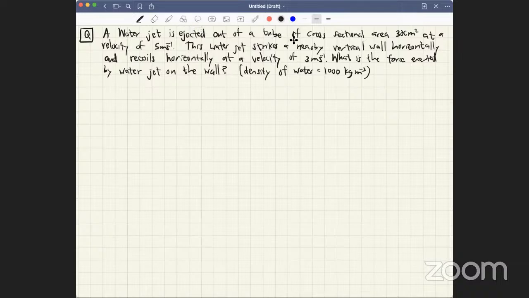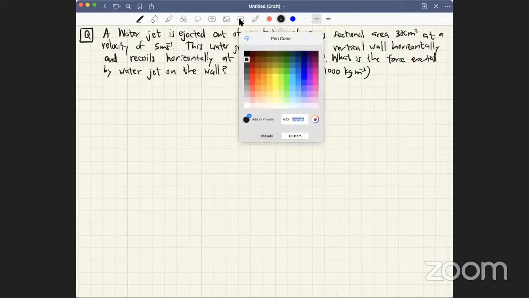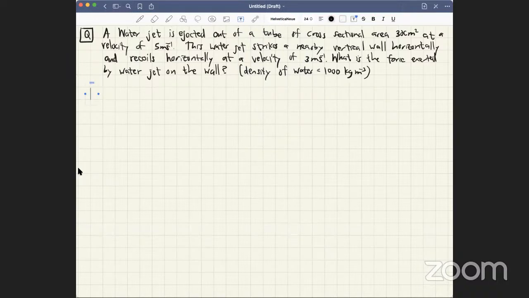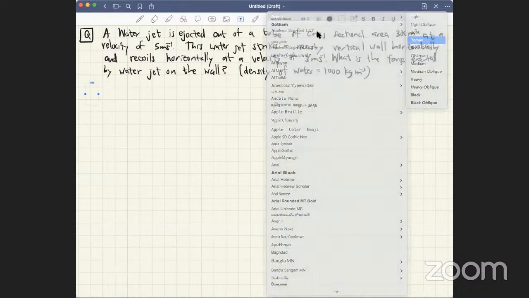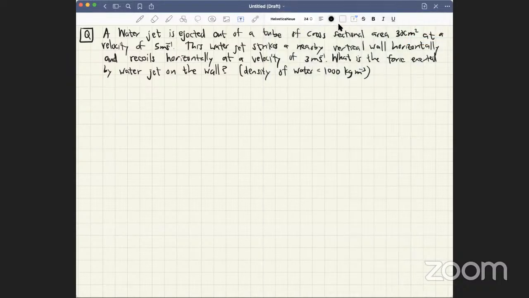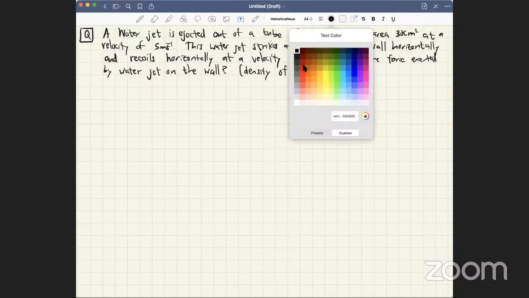Before we start the question, we have to understand what's happening here, people. Water is striking the wall. So, according to Newton's third law, the wall will give an equal and opposite force to the water, correct?